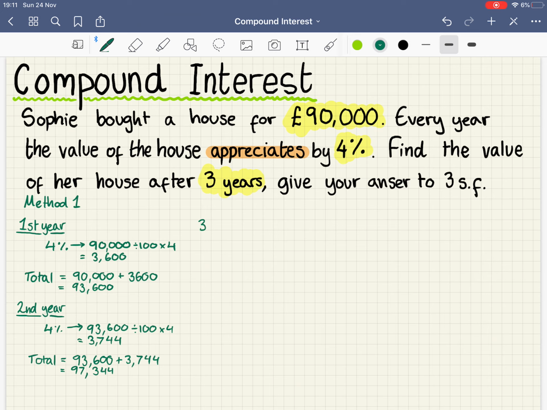And again, I look at my third year. This is my last year, so I know it's the last time I need to do it. Finding that 4%. One thing to be careful of: a lot of people get tempted to round a little early. If you round this number, it can drastically change your final answer.